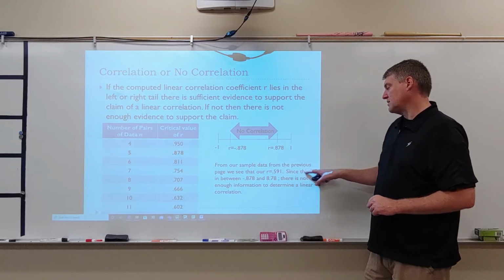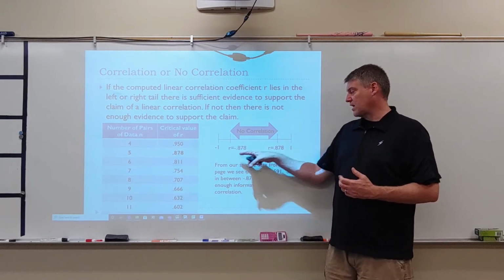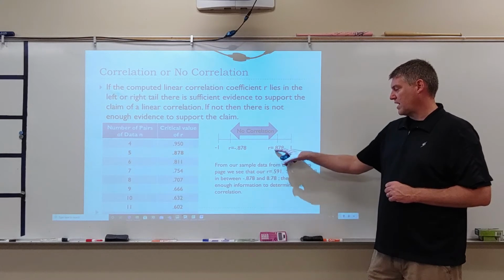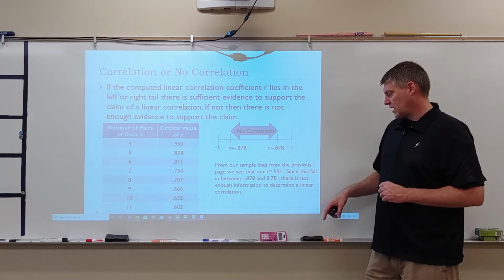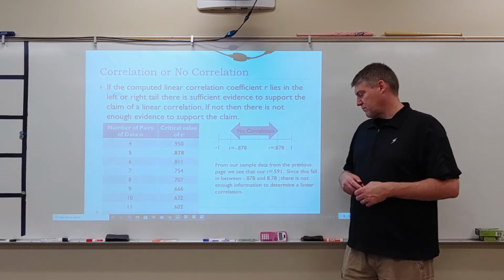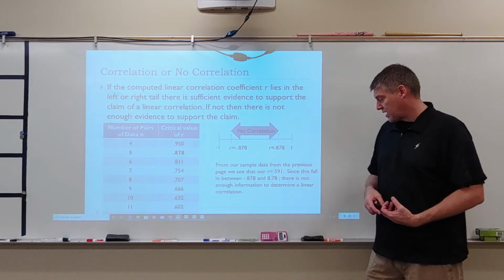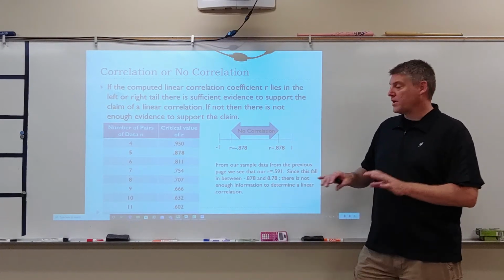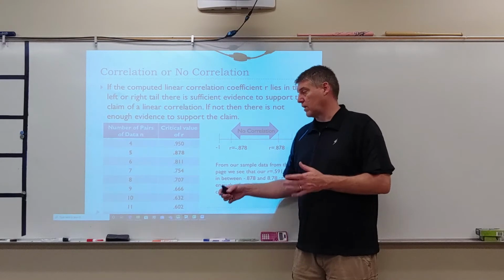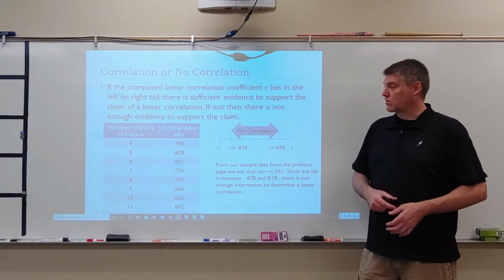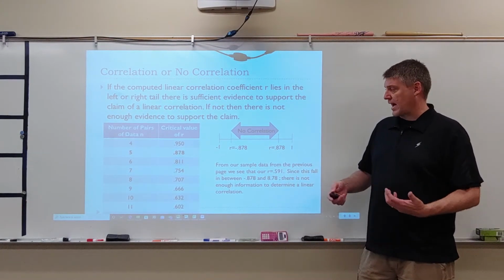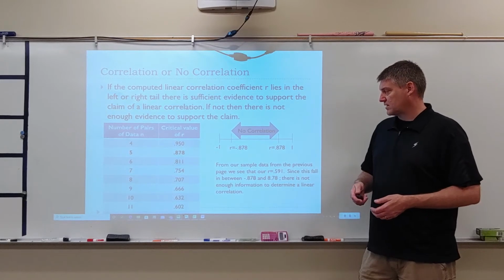Since this falls between -0.878 and 0.878, there is not enough information to determine a linear correlation. We just don't know. It might have a linear correlation, but we need more data. We just don't know if it does yet.